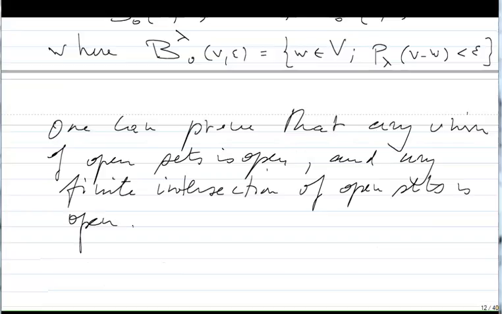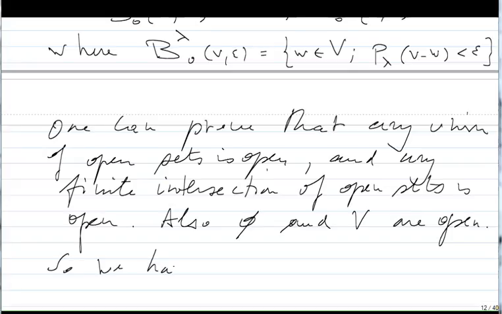Clearly the empty set and the entire space V are open, and so we have a topology, a topology tau on V. So this topology is now defined from the P_lambdas.